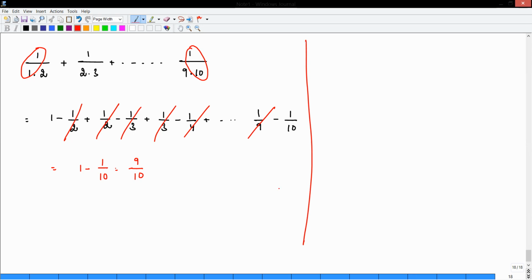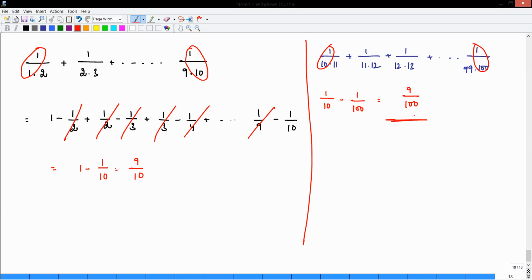Suppose if I ask you, 10 into 11. Answer is 1 by 10 minus, which is 9 by 100. This is how you answer when the difference is only 1.